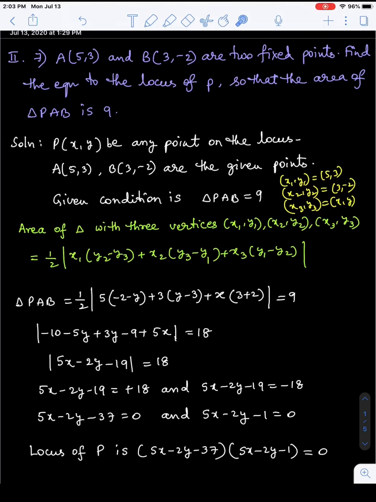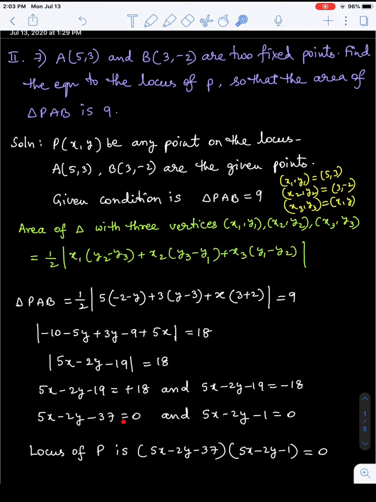Coming two steps, what did I do? The modulus was removed. When we remove the modulus symbol, we have to put plus or minus here. Once plus, and the second time you should take it as minus. That is, the LHS part is the same, 5x minus 2y minus 19, but after the equals sign, you should take once plus 18 and second time minus 18. 5x minus 2y: this plus 18, when you take it to the LHS, will become minus 18.